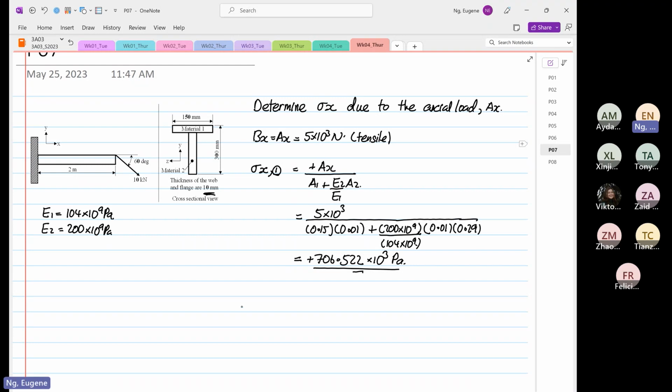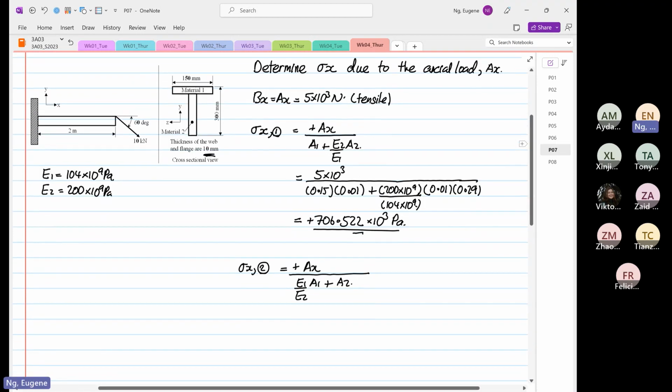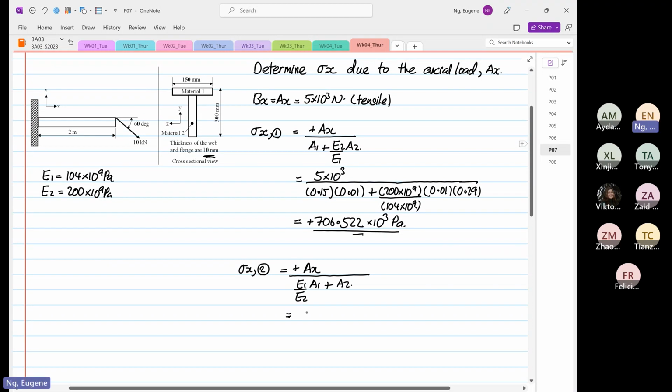Under axial loading. Okay. So stress X2 is equal to, again, plus AX because it is tensile. So now this is equal to E1 over E2 A1 plus A2. Okay. So I'm just using the formula. So this is 5 times 10 to the power 3.